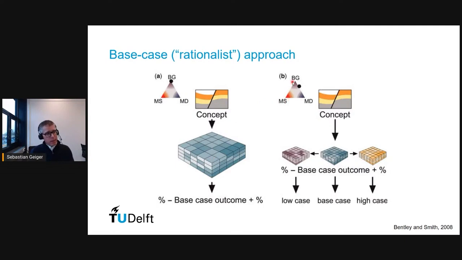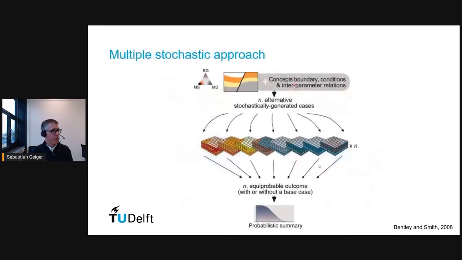We can do a little bit better and move that base case model a little towards the multiple deterministic model. We have one geological concept, and then we can build two other models, a low case and a high case, to represent the high, low, and base cases, capturing a bit more of the uncertainty in estimates of future reservoir production.